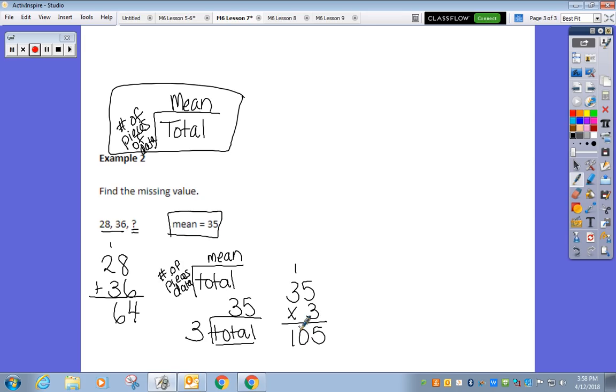So altogether, all of the numbers in the set should equal 105 when I add them together. I know what I have so far. I have 64. So to figure out what the last piece of data would be, I would take the total I'm supposed to have and subtract out what I have so far to find that 41 is the last piece of data.